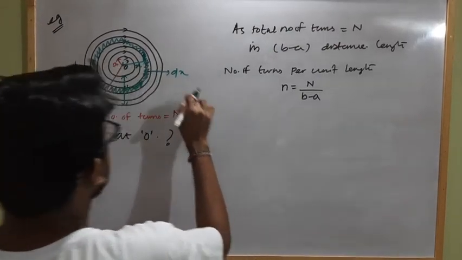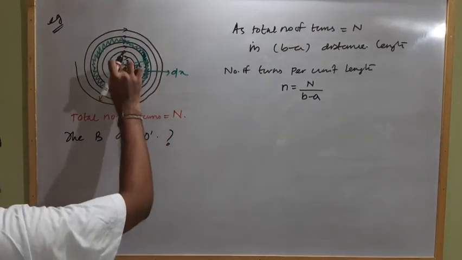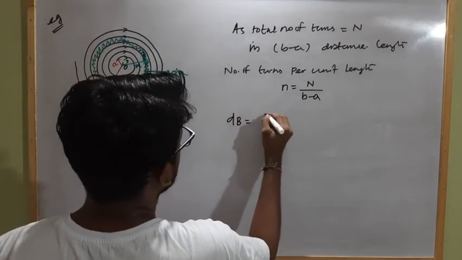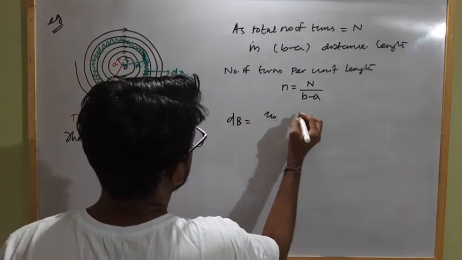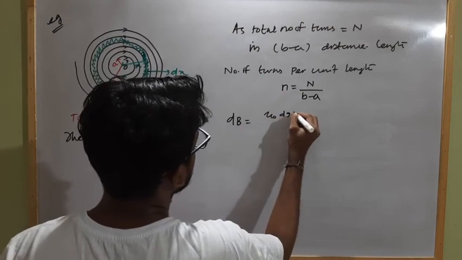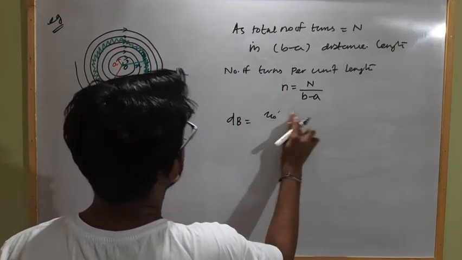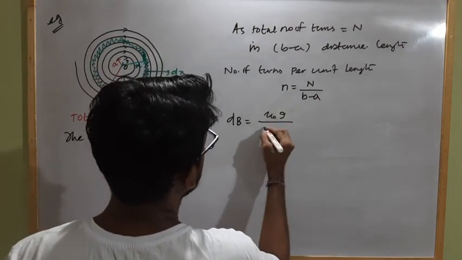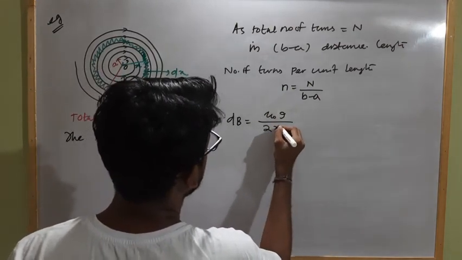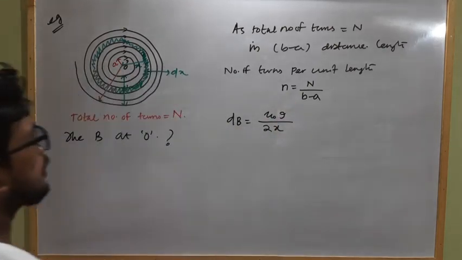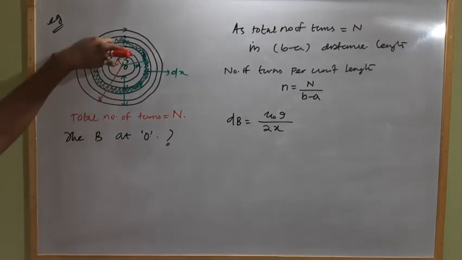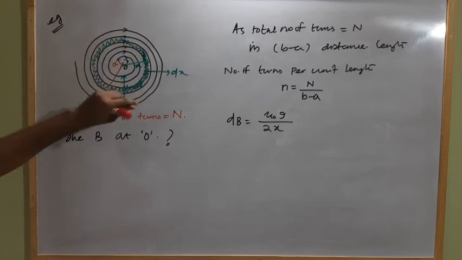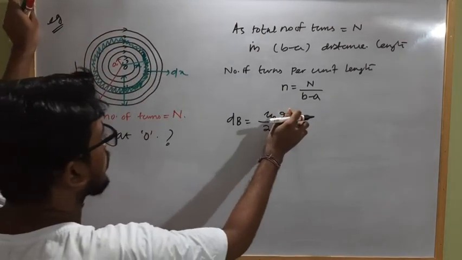So the magnetic field strength due to this circular coil at point O, let it be dB, will be how much? Mu naught I divided by 2x. x is the radius of this infinitesimally small current carrying coil of thickness dx, and I is the current flowing through it.